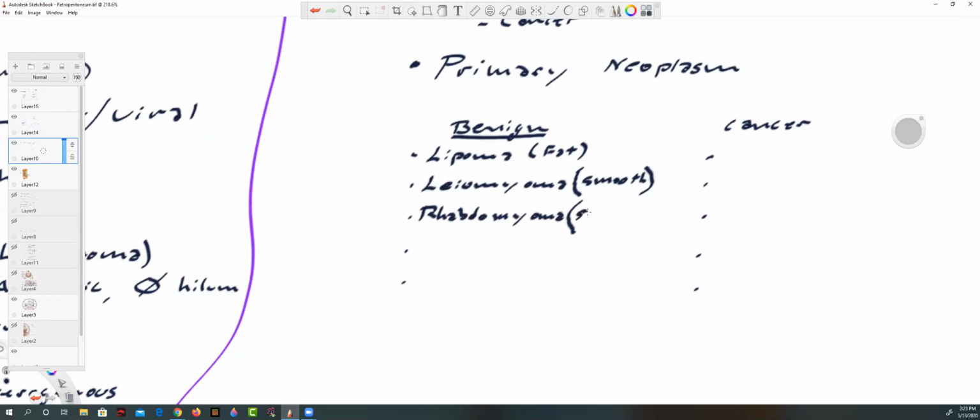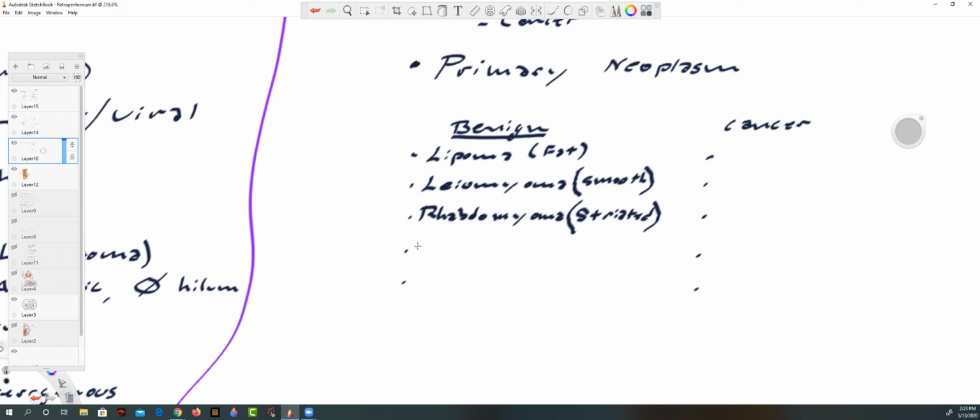Well, it's not necessarily, because a lot of times we get heart rhabdomyomas, you get those in the heart. So I'll put striated muscle, any muscle that's striated. So heart muscle and skeletal muscle. That's really what I'm trying to say, I guess. Rhabdomyoma, what's the next one?